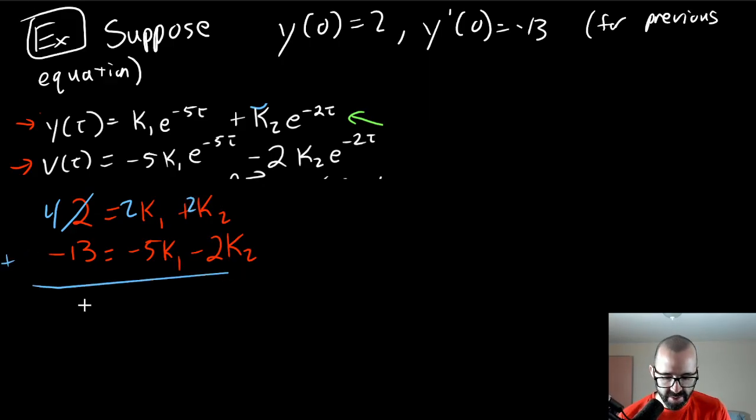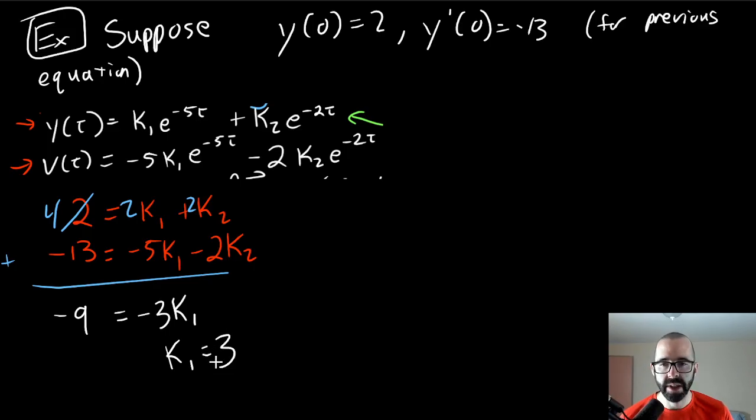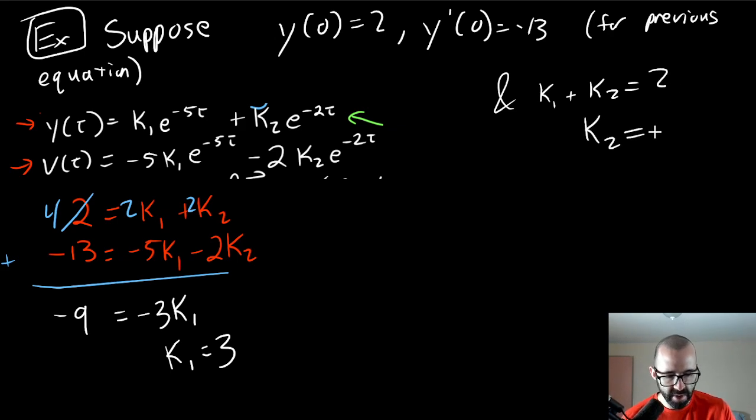Because then what we get is -9 equals -3k1 plus no k2s. And we'll get that k1 has to be 3. Similarly, if k1 is equal to 3, we know k1 plus k2 has to be 2, so k2 has to be -1.